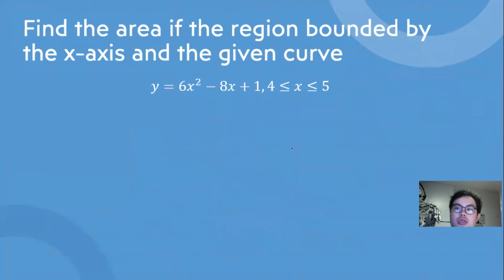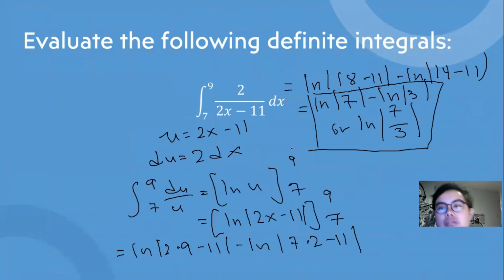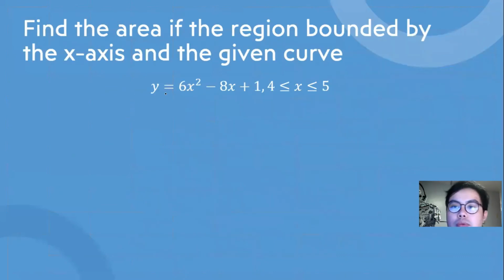So, now, we're going to find the area of the region bounded by the x-axis in the given curve. Okay, so dito po, ito po yung f of x natin. So, ito po yung values para sa fundamental theorem of calculus. So, dito po, 5, yung higher, tapos 4 dito.